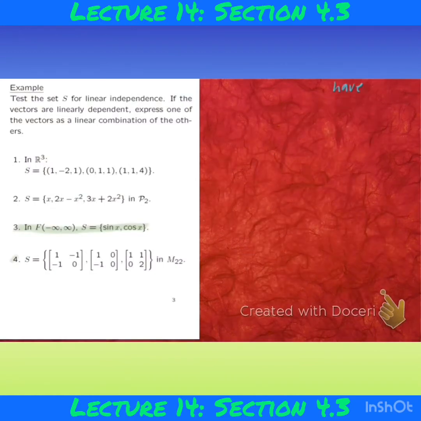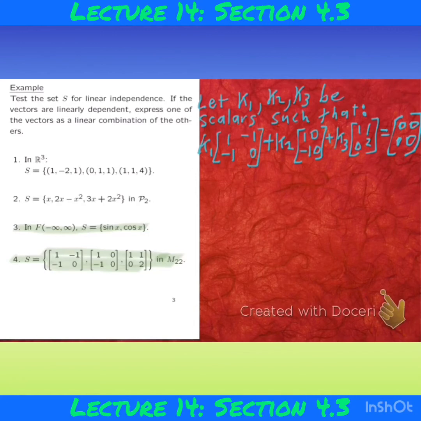All right, so for number 4, we are asked to show whether this set is linearly dependent or linearly independent. And this set S is a set of matrices. These matrices are 2 by 2. They're from the vector space M22. So again, what we need to do is find scalars K1, K2, and K3 such that the following holds.